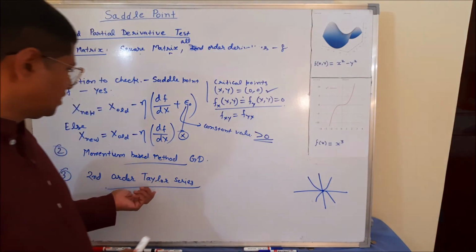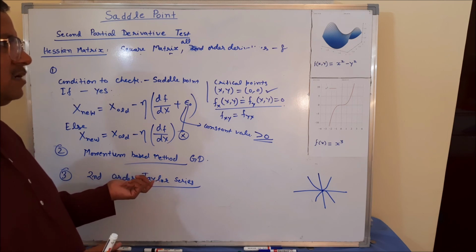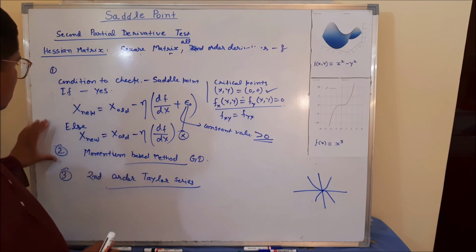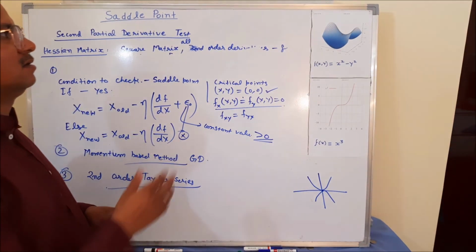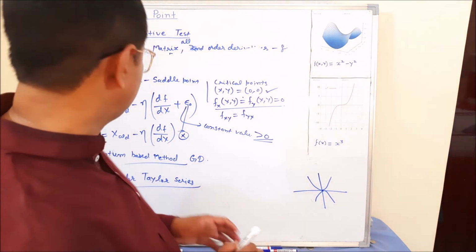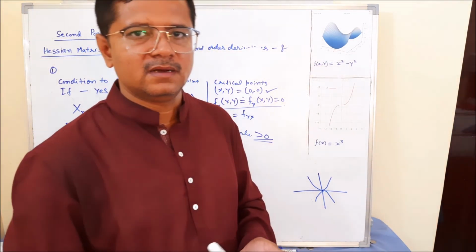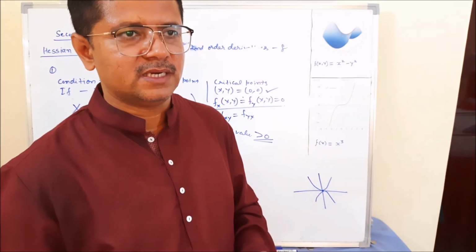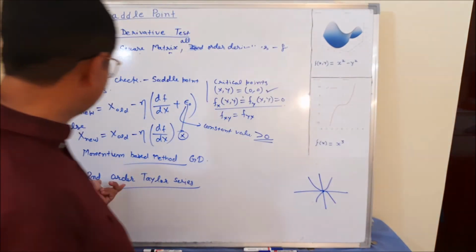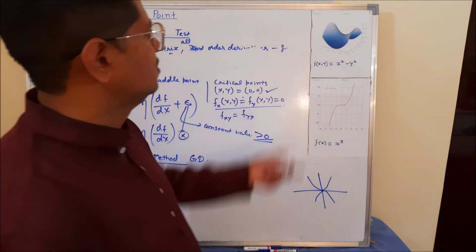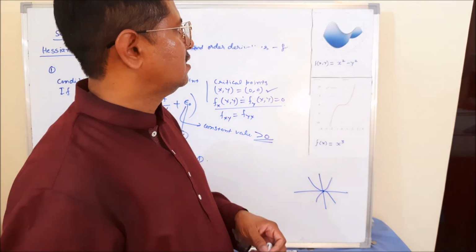Actually, it solves the situations of the saddle point, but generally we use these two cases to handle the saddle points. That's why I am not covering the second order Taylor series. But if you are interested, then I have given the link of the paper which describes the second order Taylor series to escape from the saddle point.